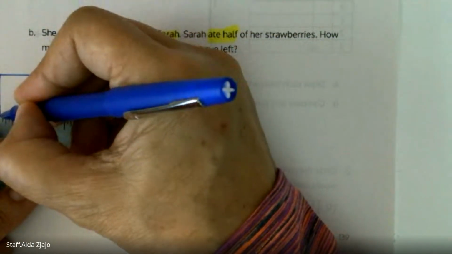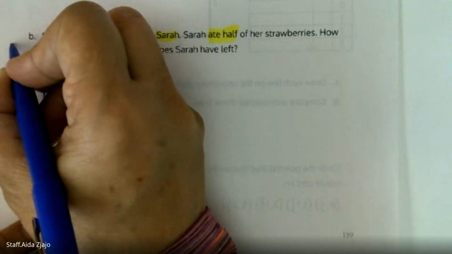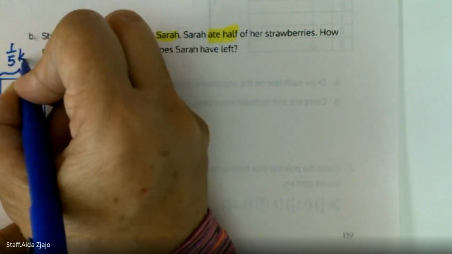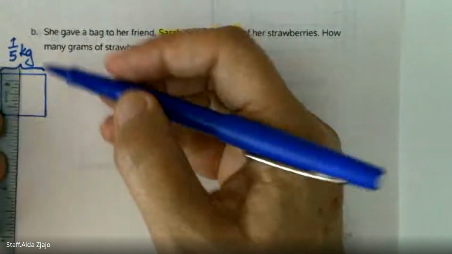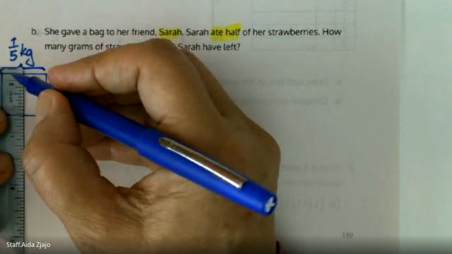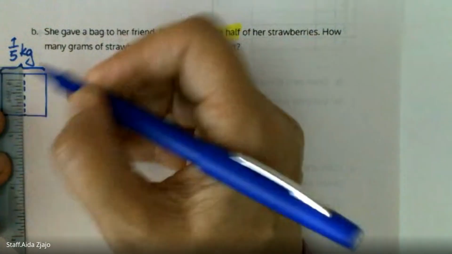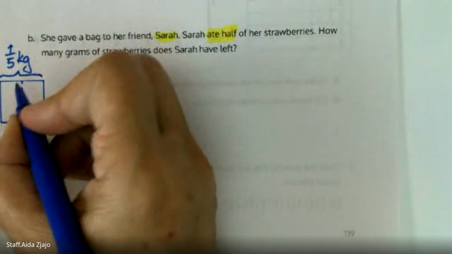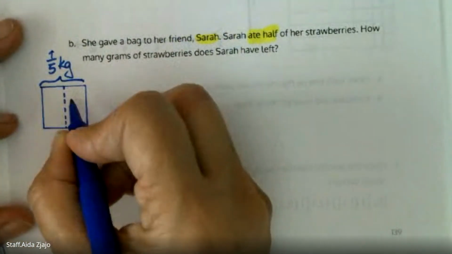Okay, so this is 1/5 of a kilogram. 1/5 kilogram is one bag. And then Sarah ate half of it. So it's not half of a kilogram, it's half of this 1/5 of a kilogram.